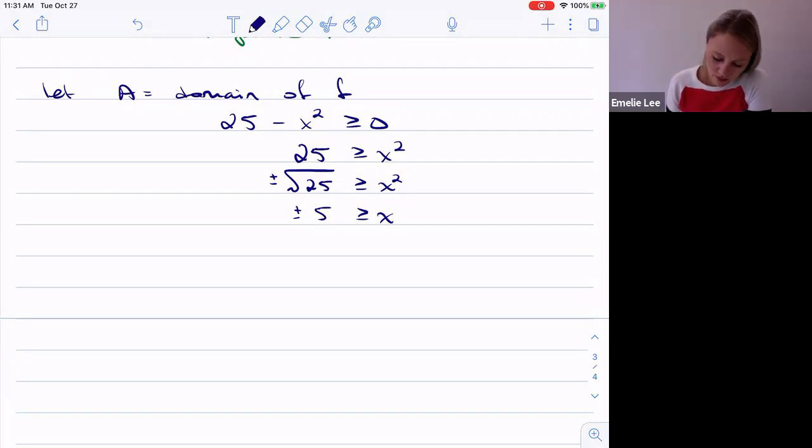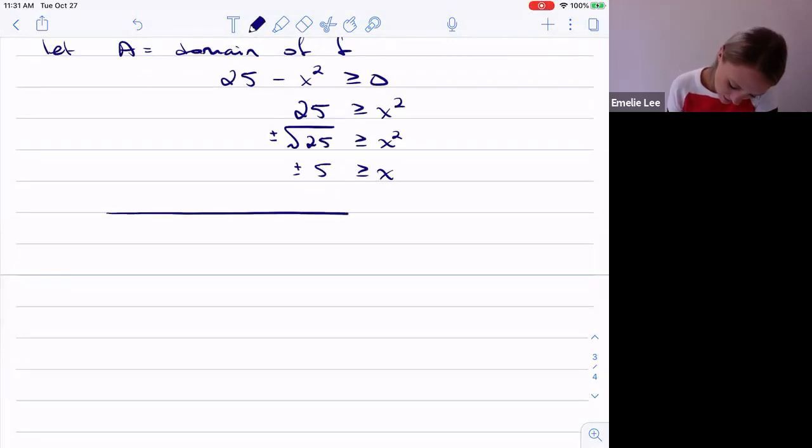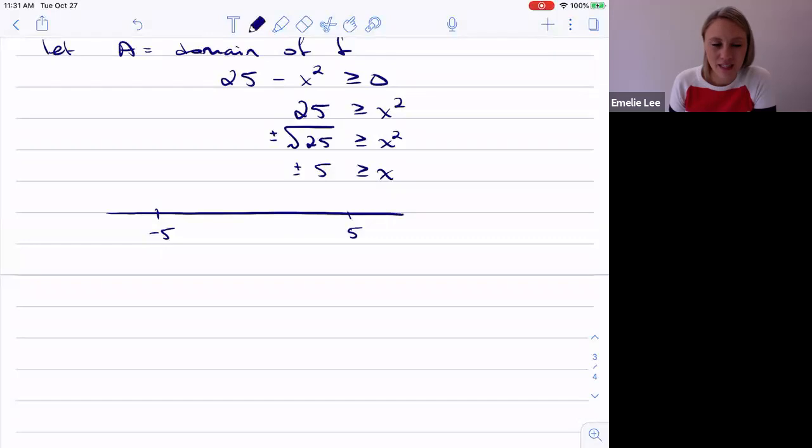And so on a number line, if I've got negative 5 and positive 5, x has to be less than positive 5, but greater than negative 5. And how does that translate? I just know that that's the truth. So I'm missing something here.